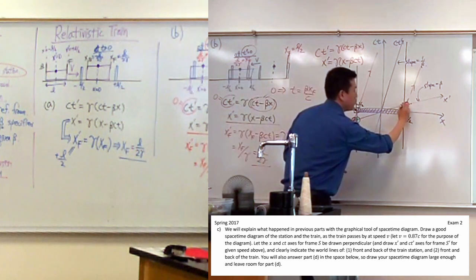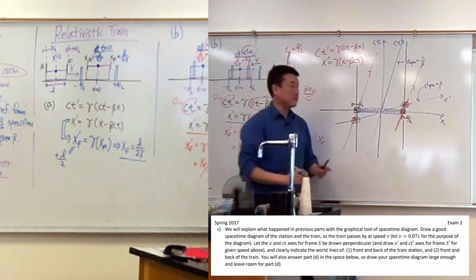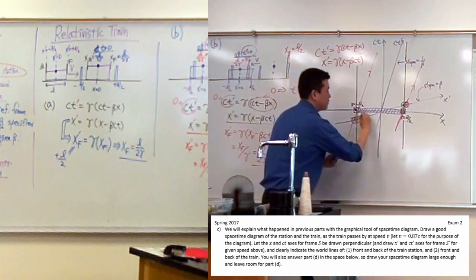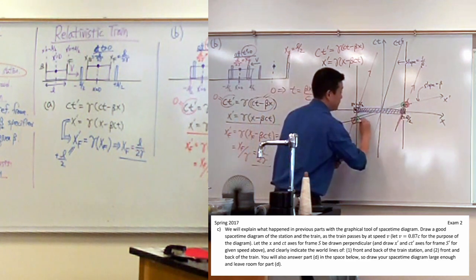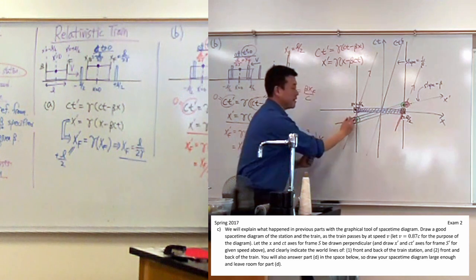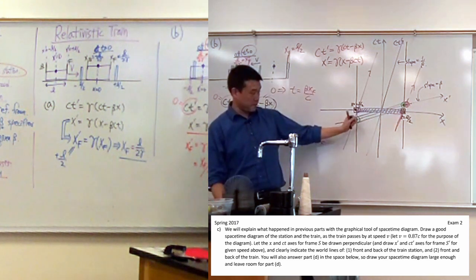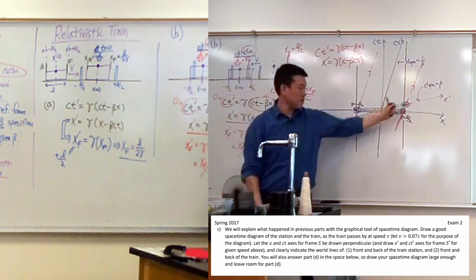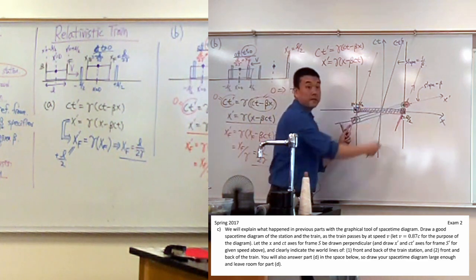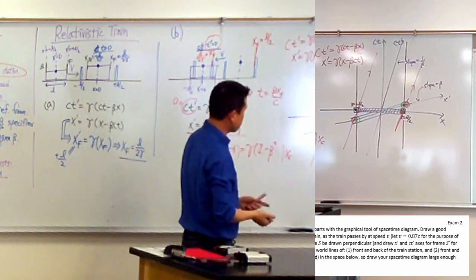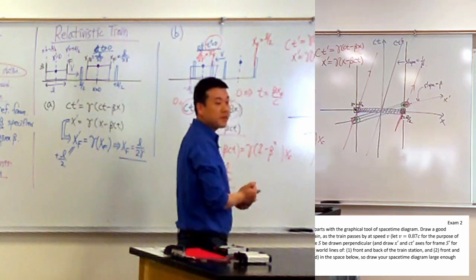This is the front of the train station at t prime equals 0. And you see that along this line of simultaneity, which is different from the line of simultaneity used by the train station guy, the length of the train station fits within the length of the train. So that's the explanation of it.